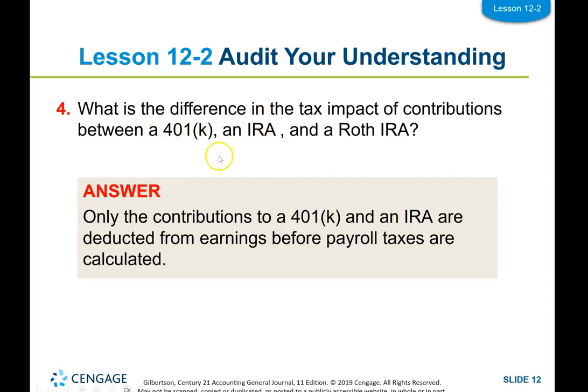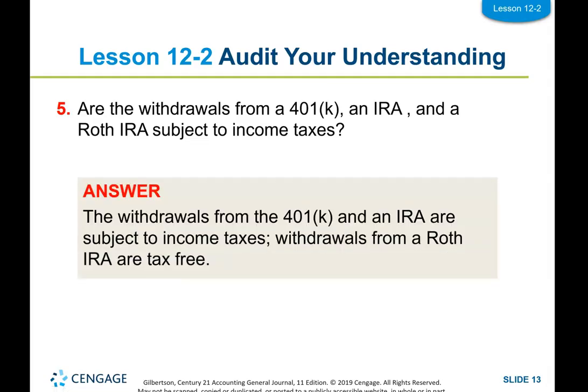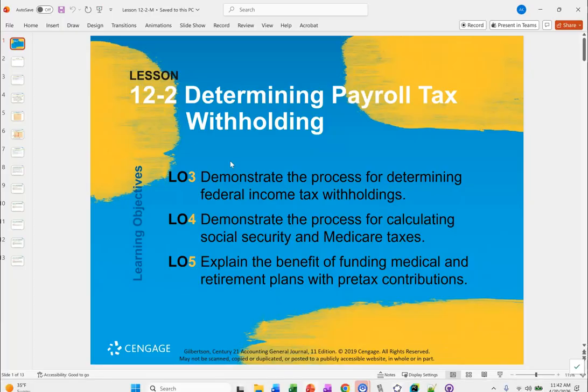Not the case with a Roth IRA. And then again, as we said, with the 401k and traditional IRAs, you pay the tax after you pull the monies out. In the Roth IRA, you pay the tax before you put the money in, and you pay no tax when you pull the money out. All right. So that's the gist there.